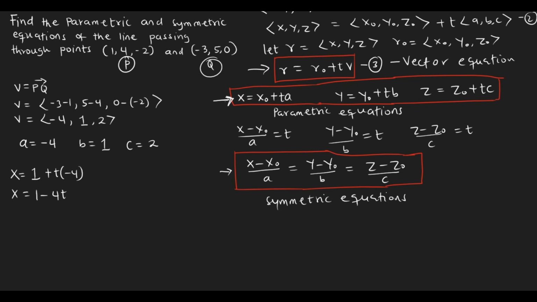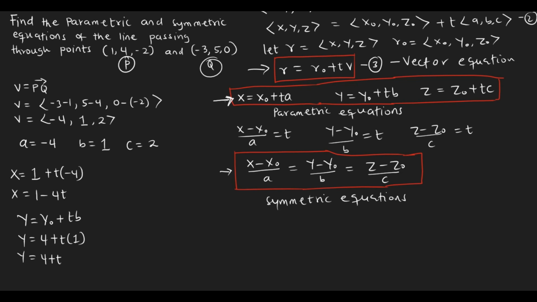Let's find the second one, which is y equals y naught plus tb. We know y naught to be equal to 4 because we are considering point P. So y is equal to 4 plus tb, that's t multiplying b, which is 1. So y is equal to 4 + t. That'll be the second parametric equation.